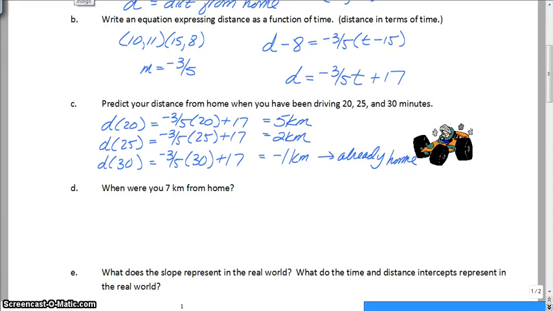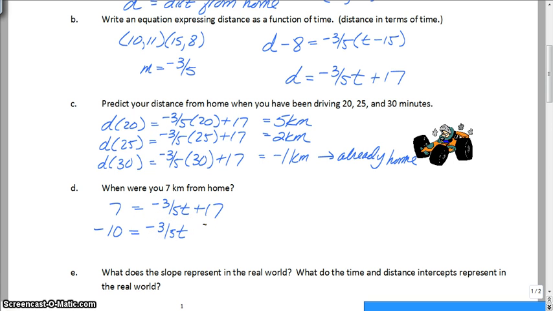D. When were you 7 kilometers from home? To do that, you work backwards. 7 is equal to negative 3/5 t plus 17, and then you just solve for t. So you subtract your 17 from both sides, so negative 10 is equal to negative 3/5 t.